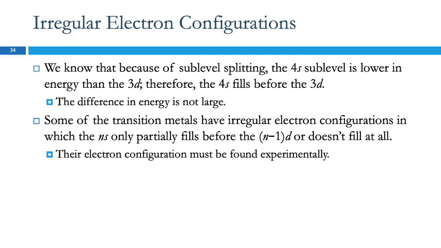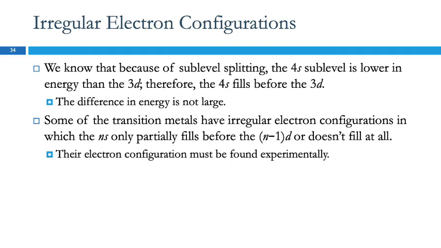And then there's the irregular ones. There's got to be exceptions to every nice rule. So that sublevel splitting causes the 4s to be lower in energy than the 3d, but it's not a very big difference. And so there's some irregularities when you're filling those. Sometimes they don't fill 4s first and then 3d.